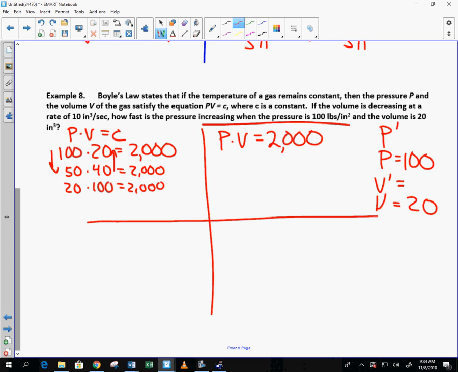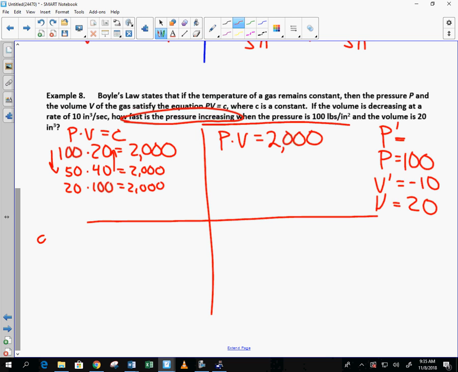Do you know P prime or V prime? What's V prime? Decreasing at a rate of 10 cubic inches per second. So we're going to go negative 10 for V prime. What's the problem asking for? Yeah, how fast is the pressure increasing? So exactly, we're looking for P prime in this situation.